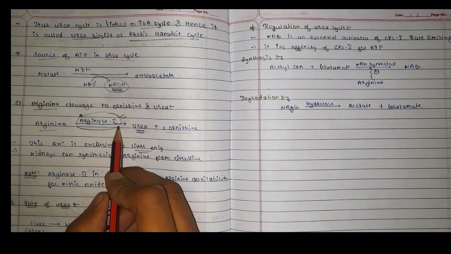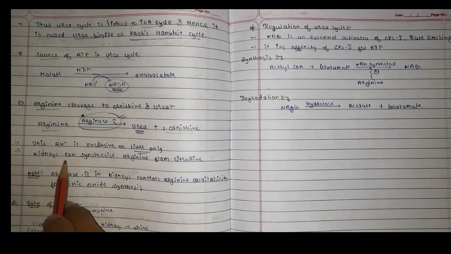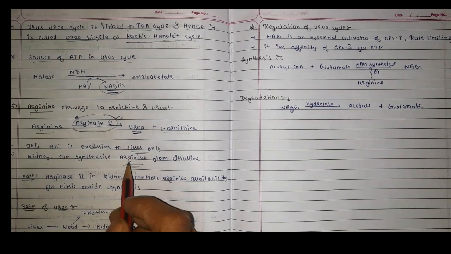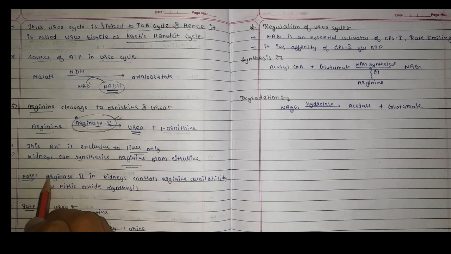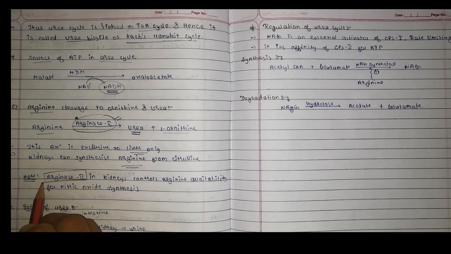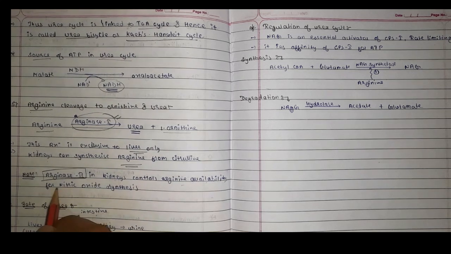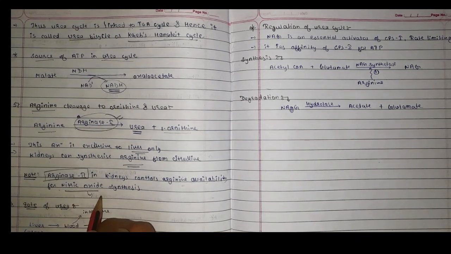In kidney, there is formation of arginine, but in kidneys it doesn't last. But there is a presence of arginase 2, which controls arginine availability for nitric oxide synthesis. Nitric oxide is a special product of arginine.